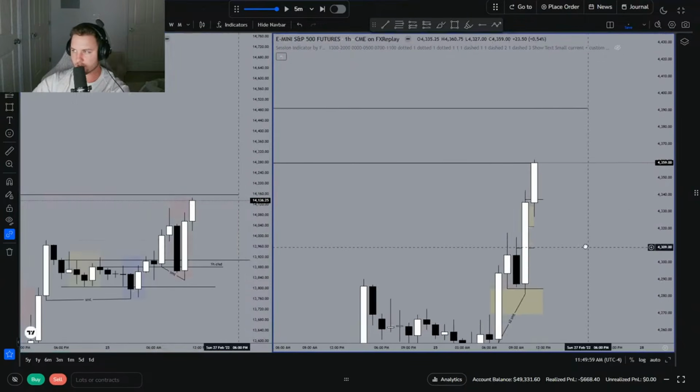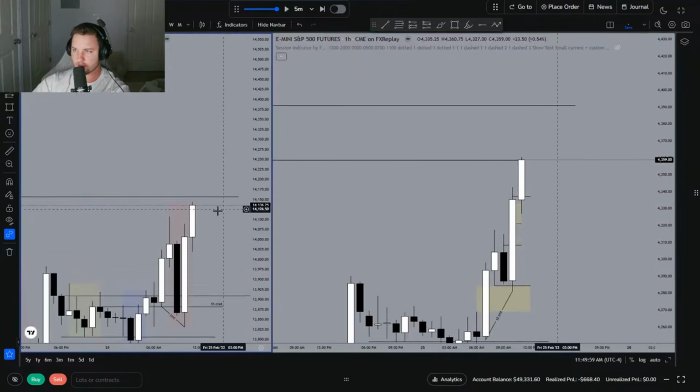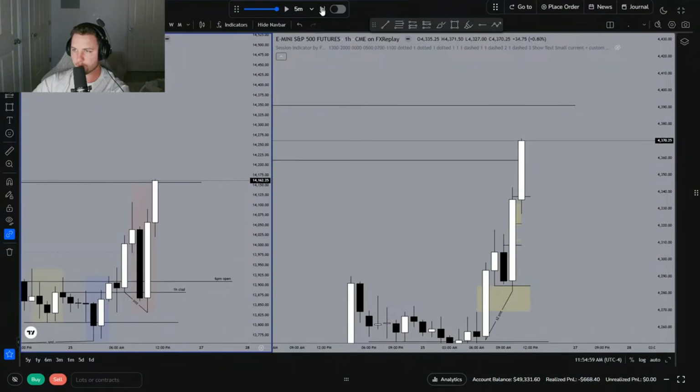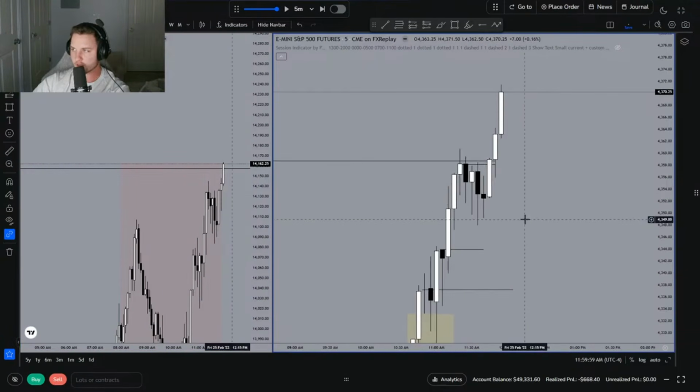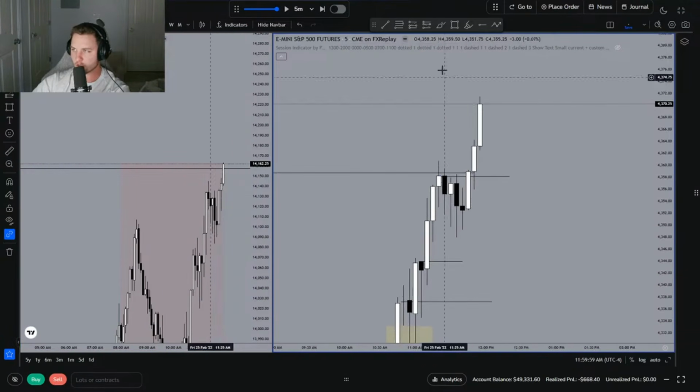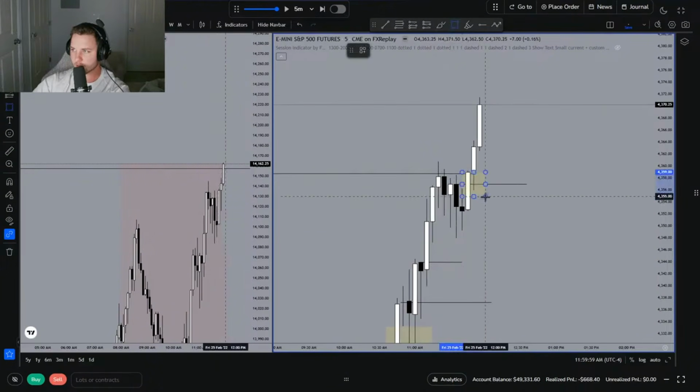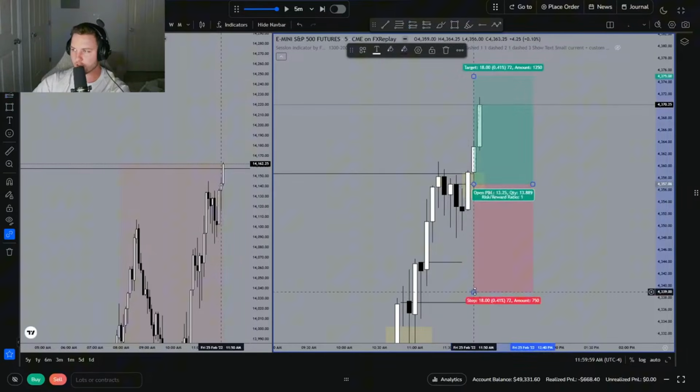So let's just tape read this. NQ hits it. Okay. So like I said, respecting order blocks. Look right here, the lowest low, CISD, tap, bam. So once we get the CISD here, set your limit on the CISD.